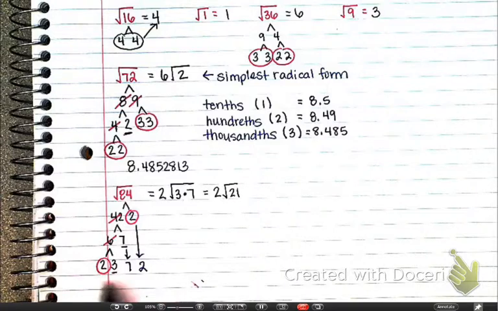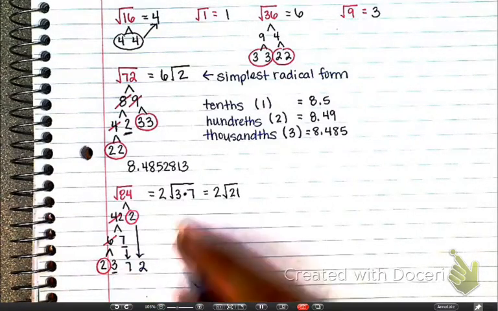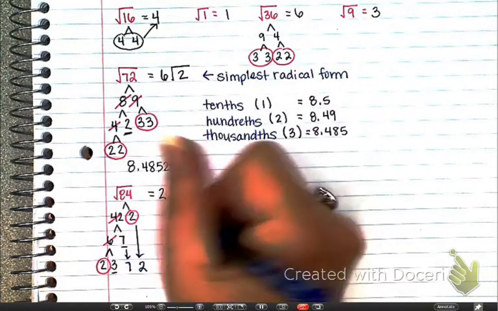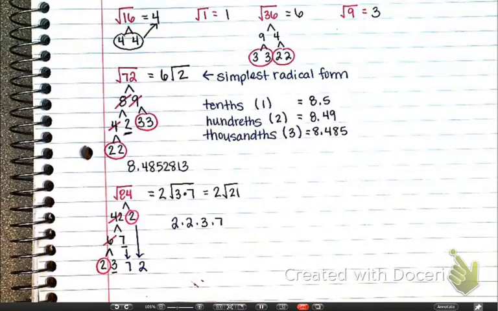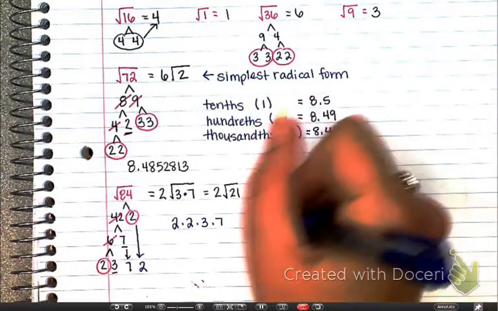Some people will also take all the numbers at the end and just write them out in order. So I see some 2s, I see a 3, and I see a 7. And then circle pairs like that. That's an option. Okay? So what I would like you to do, and if only one person in your group has a calculator, that's fine. I want you to tell me what the square root of 84 is to the 100th place.